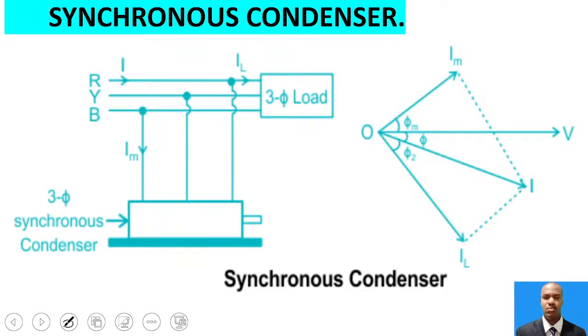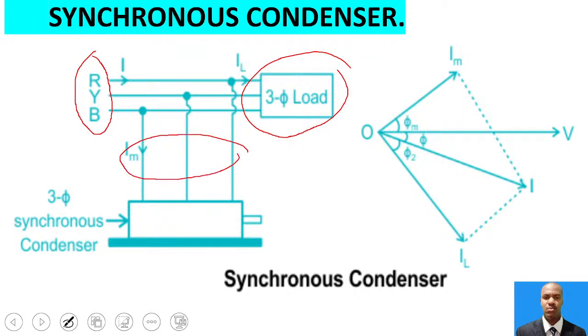And it is shown here. On this side we have our three-phase supply. Then in between the three-phase supply and the three-phase load is where we connect our three-phase synchronous motor, and in this case it is referred to as a three-phase synchronous condenser, because once it is connected in this form it will automatically behave like a capacitor.